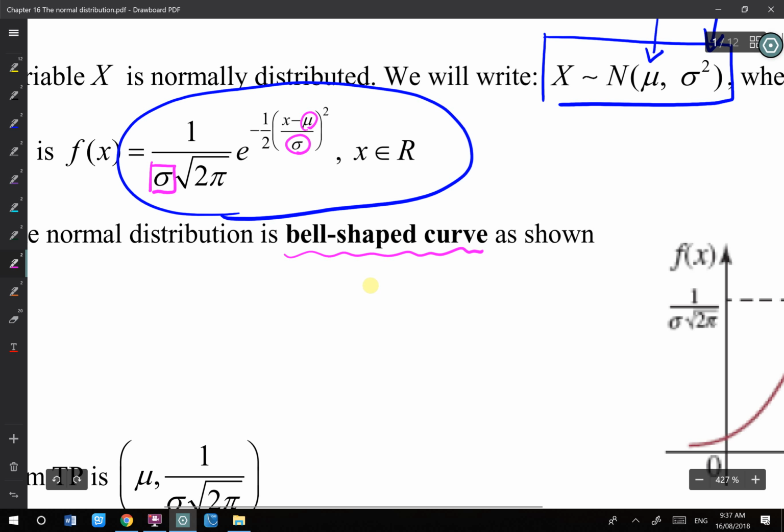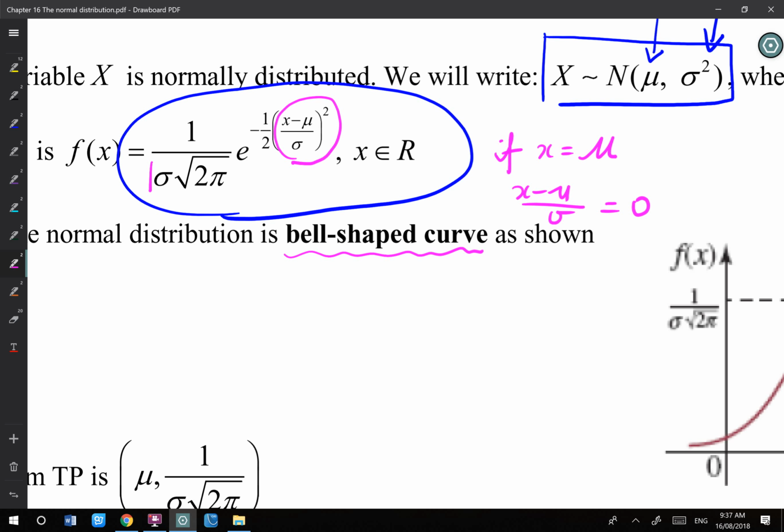And also you can see, let's have a look: if x equals mu, then x minus mu is 0, so x minus mu divided by sigma is 0. Then what we have is e to the power of 0, which is 1. And then 1 times whatever is in the front gives the y value.